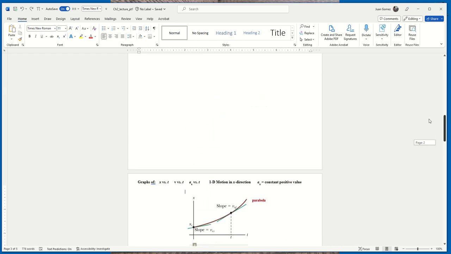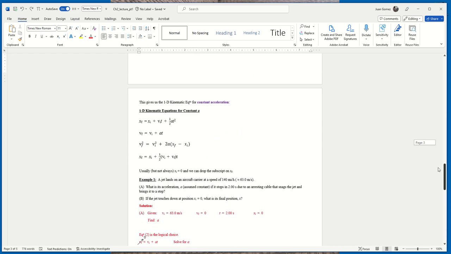Well, we can derive what are called the one-dimensional kinematic equations. And the key is they're only good if the acceleration is constant, which is the only case we're going to consider. I just call them equations 1 through 4. I number them in the order that I write them. Equation 1: x final equals x initial plus v initial t plus 1/2 a t squared.